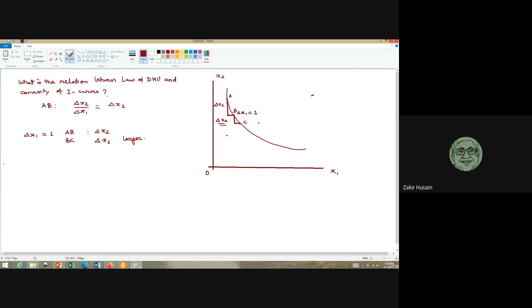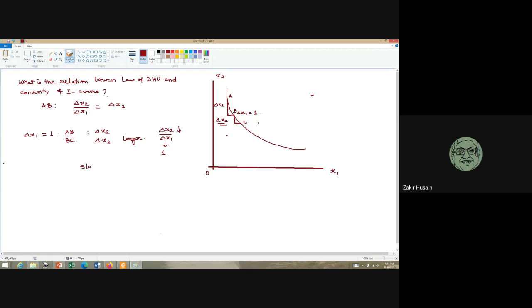Graphically, can you see? Just graphically, because the function is convex, this is larger. So if I look at del x2 by del x1, if I just increase x1 by 1 unit, I'm setting this part equal to 1 unit always. But as I'm going down, what is happening to del x2? Del x2 is coming down.